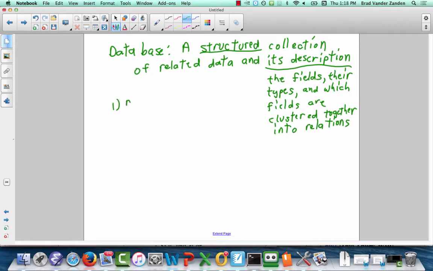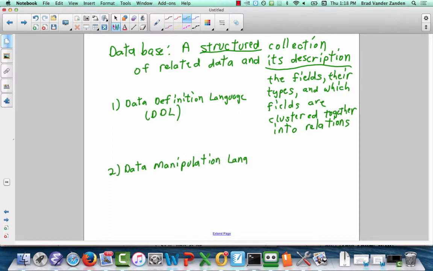One is a data definition language, which I will typically abbreviate as DDL, and one is a data manipulation language, which I and the rest of the community typically abbreviate as DML.